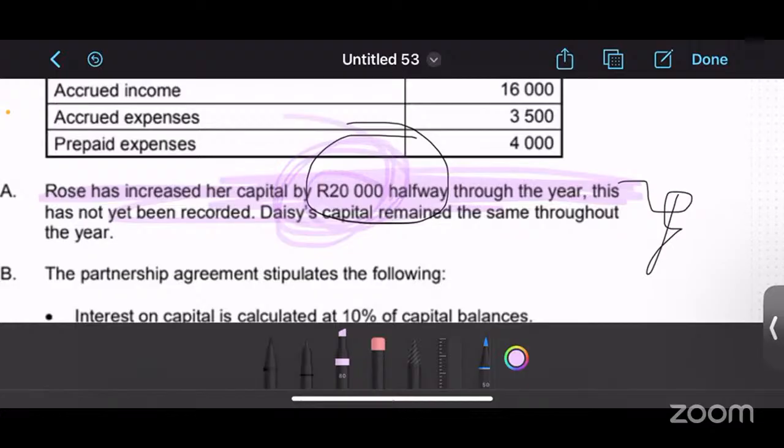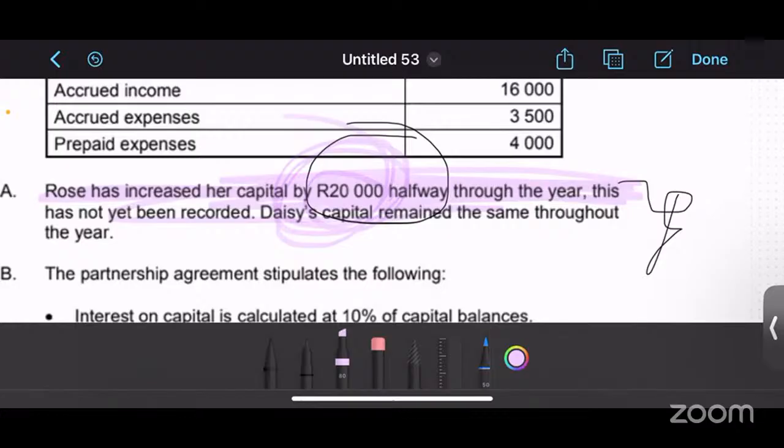That's a lot. How did you get the 10,000? I take the 20,000 and said 6 divided by 12. Okay, 20,000 multiplied by 6 divided by 12, multiplied by 10%. That is the interest. Oh, yeah, it's 1,000, ma'am.